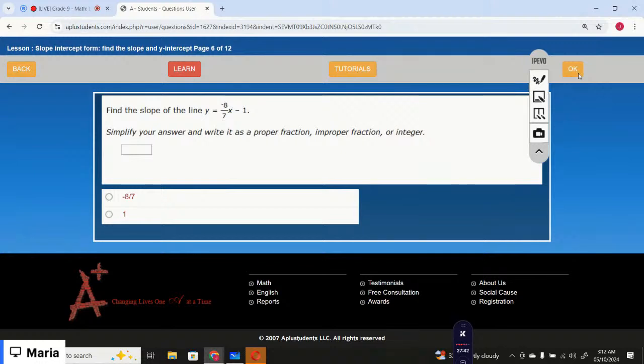Which is the correct option? The slope of the line is negative 8 over 7, so option number 1 is the correct option.